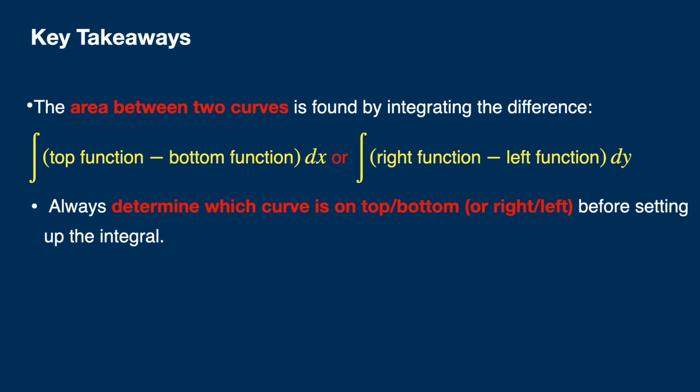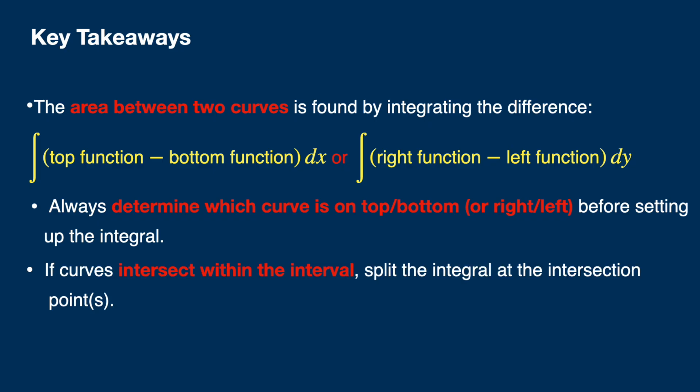So make sure, guys, you know which one you're using, top and bottom, or right and left, before setting up the integral. Another important thing is if the curves intersect within the interval, you have to split the integral at the intersection points, and then you're going to use the definite integral to calculate the exact area.